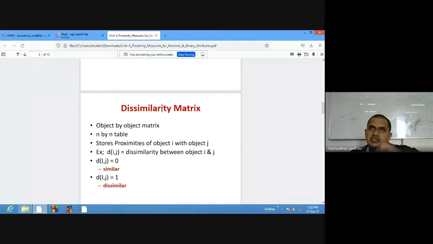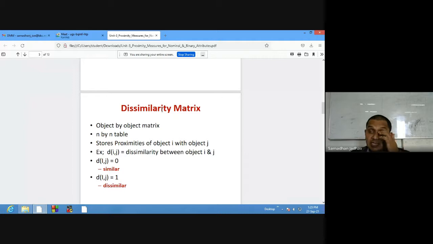Okay, so consider there are 5 objects. What is the size of the matrix? It will be 5 by 5. 5 rows, 5 columns, right?